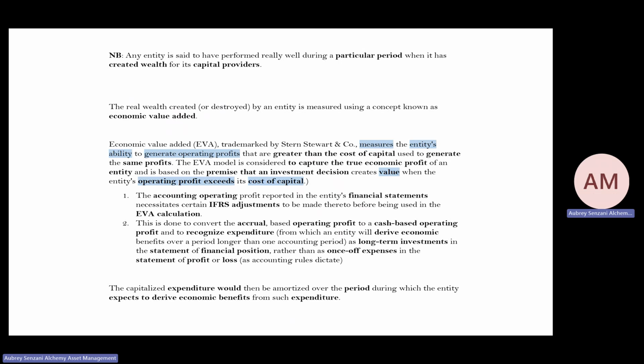This is done to convert the accrual-based operating profit to a cash-based operating profit, and to recognize expenditure as long-term investments in the statement of financial position rather than once-off expenses in the statement of profit and loss. Here the accrual basis basically says for the month of July, what was our profit? But here we're saying no, we want to convert that to a cash-based operating profit.